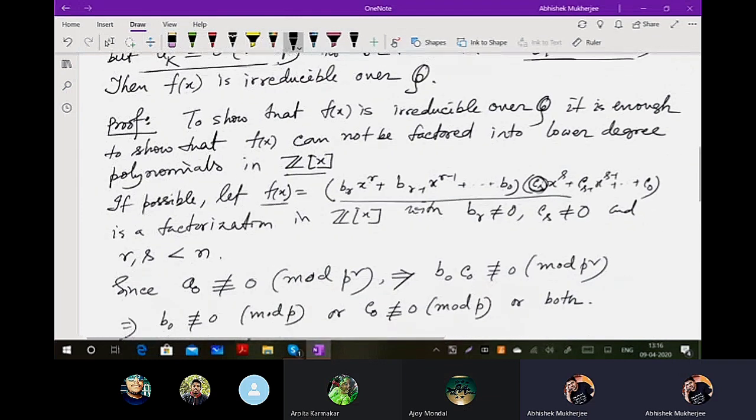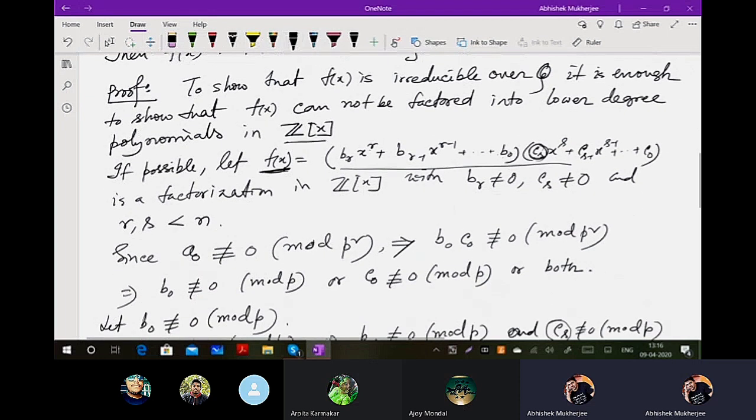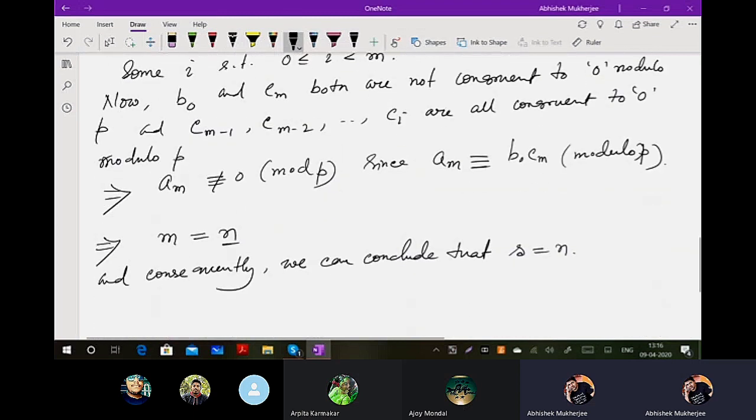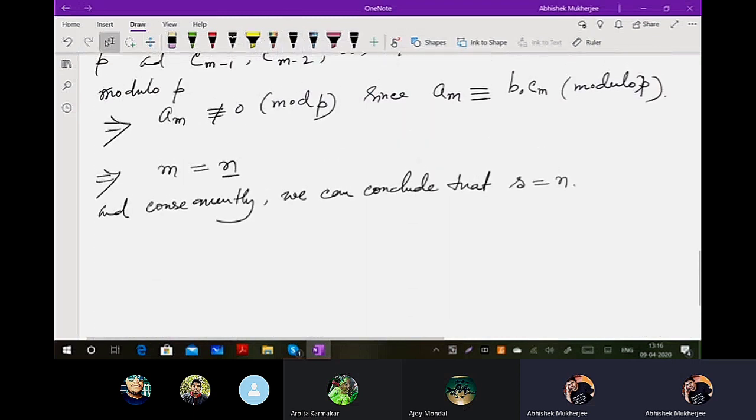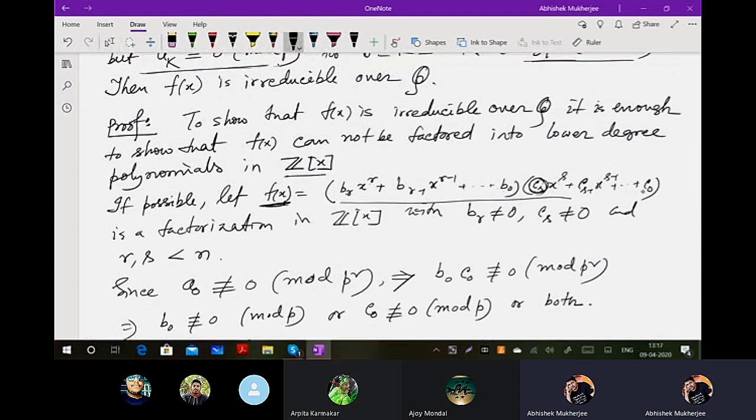So the only possibility of s must be n. That is, the degree of the polynomial cs x to the power s plus dot dot dot c0 must be n.